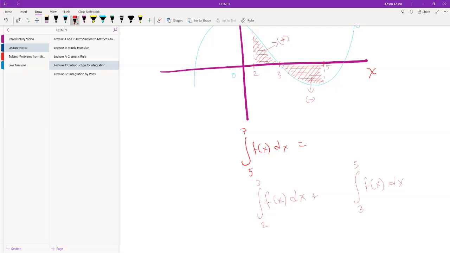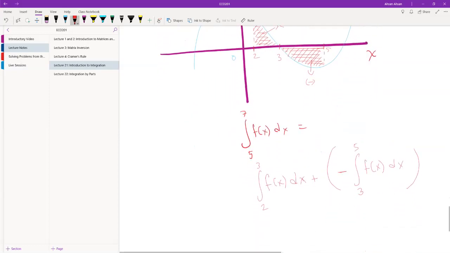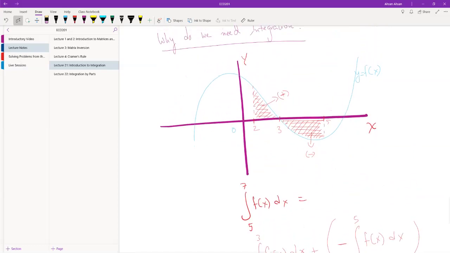So what we are going to do is we are going to multiply this with a minus. And so minus and minus will become plus. And once we've done that, we will know the area of the shaded region. Okay? And that's effectively what integration is. And we can use integration to do a lot of other things, but at this level, what we are going to do is this really.